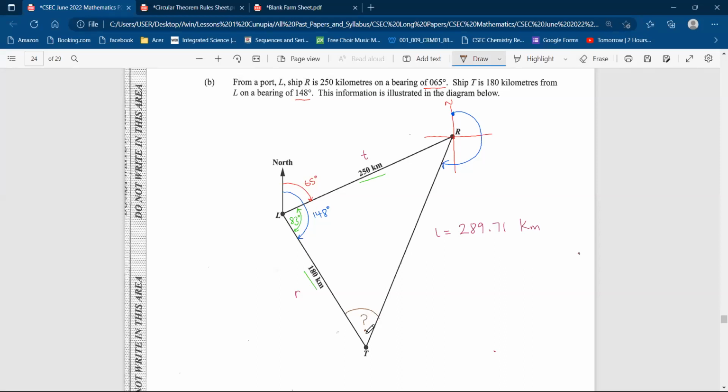Remember, we're trying to find angle T, so we definitely keep in the T's. So it's T on sine capital T. I think we need to keep the L's because we have so much information on the L's. Look at it. We know common L is 289.71. Remember, we found that just now. And we know capital L is 83.